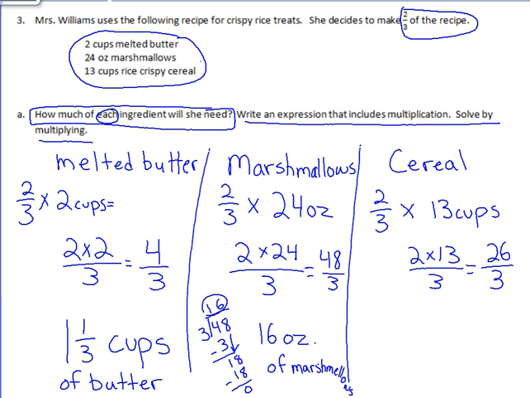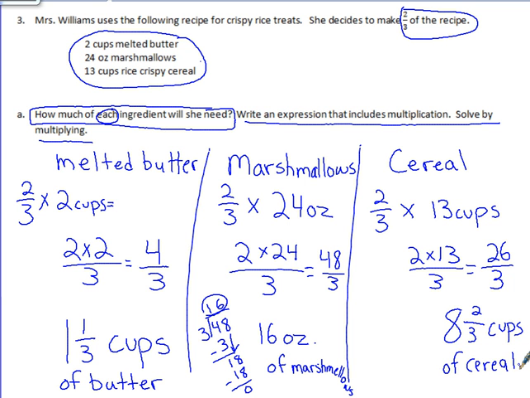Think to myself, 3 times what is going to get me close to 26? 3 times 8, yes, 3 times 8 will give me 24, and to get to 26, I need 2 more, and they are thirds. Okay. What was my unit? Cups. Cups of what? Cups of cereal.